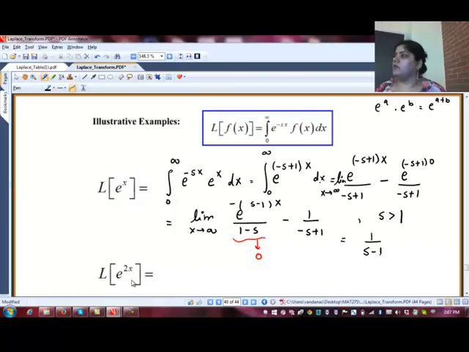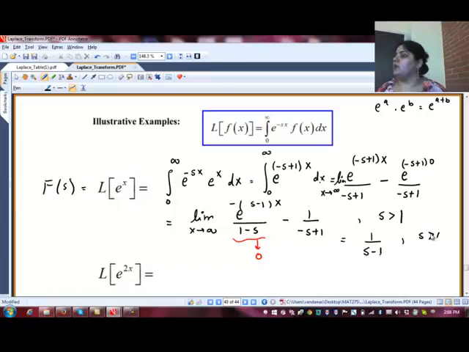So the Laplace transform of e to the power x is 1 over s minus 1, where s is bigger than 1. What is the domain of this Laplace transform? The domain of this function is all s values bigger than 1.